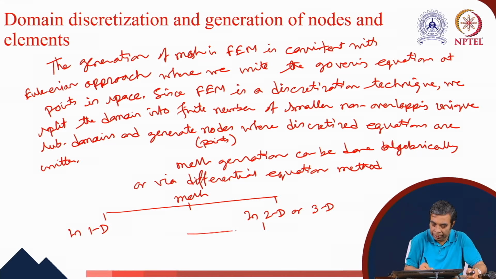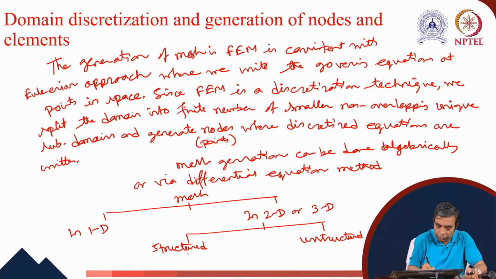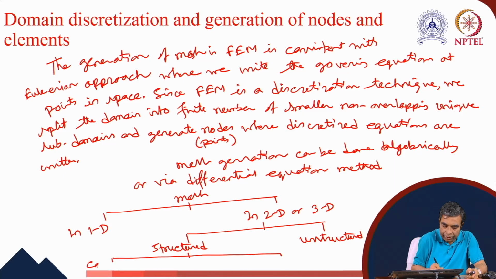We classify in 2 dimensions or 3 dimensions as structured and unstructured. When you go for structured, we can again classify them as Cartesian, then we can classify the second one as non-Cartesian, and the last one is curvilinear.